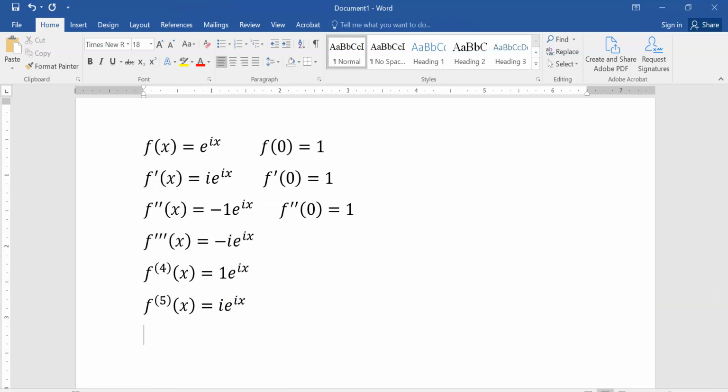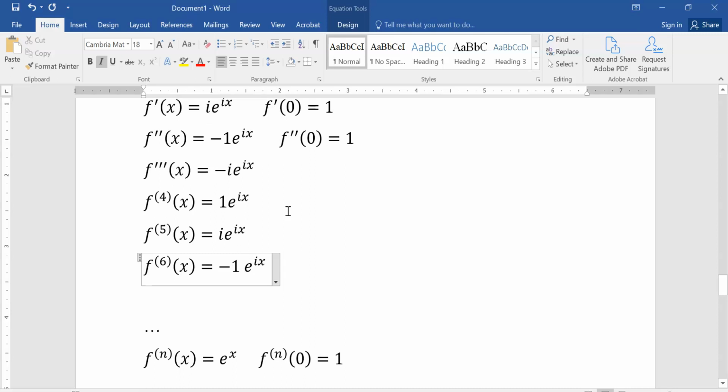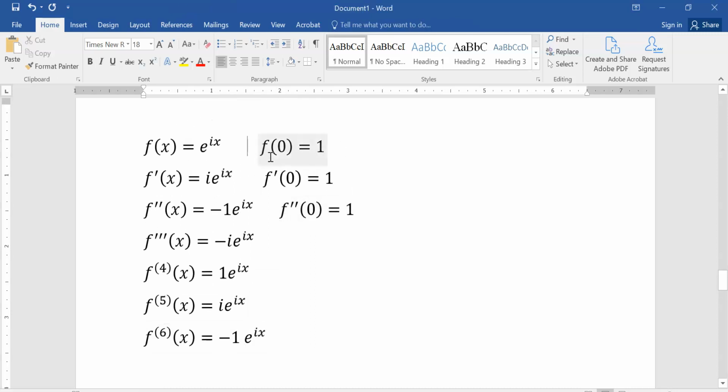And if I take another derivative, my sixth derivative is going to be identical to my second derivative. And obviously, the reason for that is how this i multiplies. Hopefully, you're familiar with the imaginary number i.